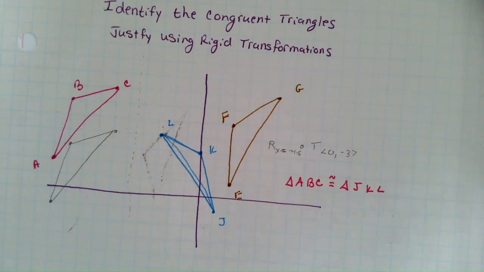And again, the other one was not going to be congruent because FG was not the same length as BC. So that right there kind of messed us up. So anytime you have congruent triangles or any other shape, you have to be able to do a rigid transformation to get from one to the other.